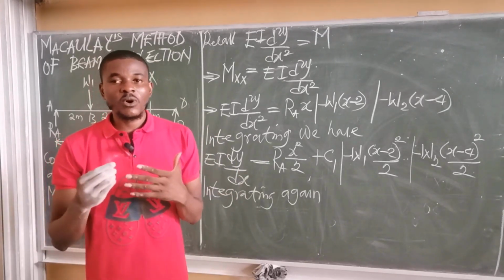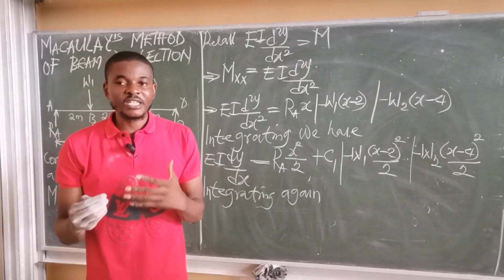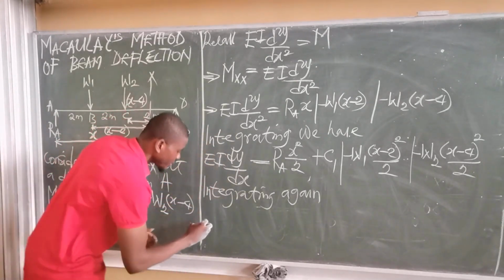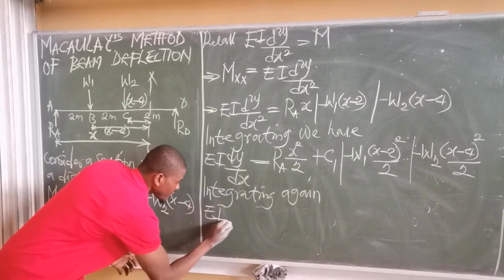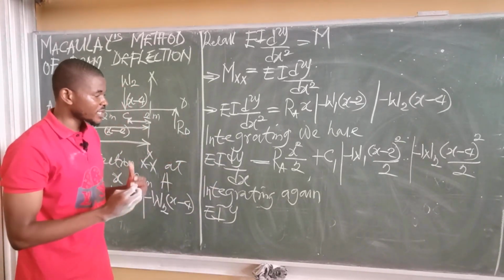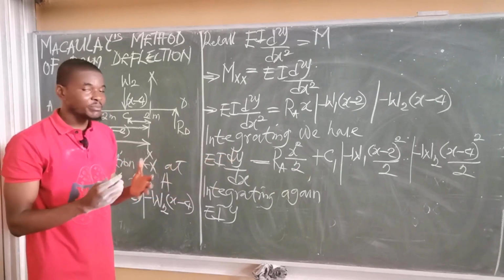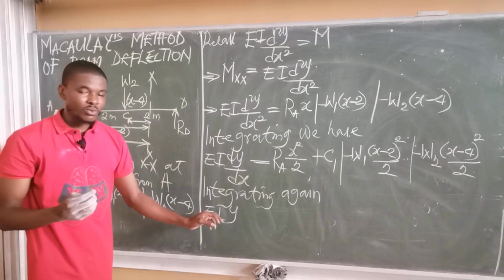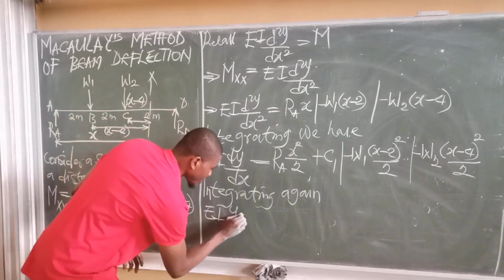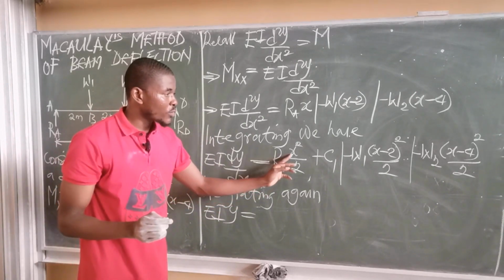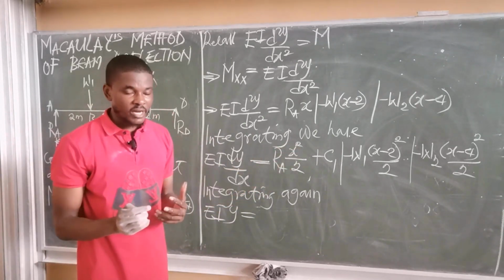And y actually stands for the deflection equation. So integrating again, we have EI dy dx automatically becomes y, because the integral is simply the opposite of differentiation. So the opposite of dy dx simply gives us y. And this is now equal to, same thing here, I will integrate again this function x squared with respect to x.